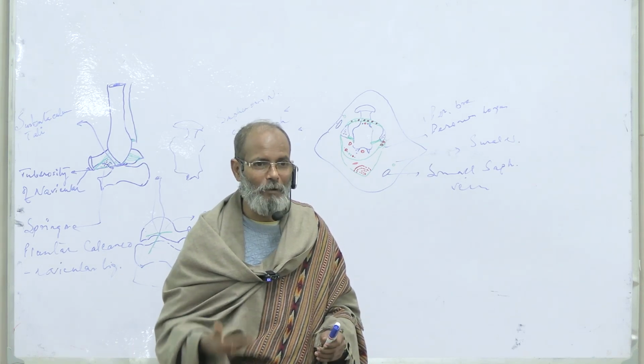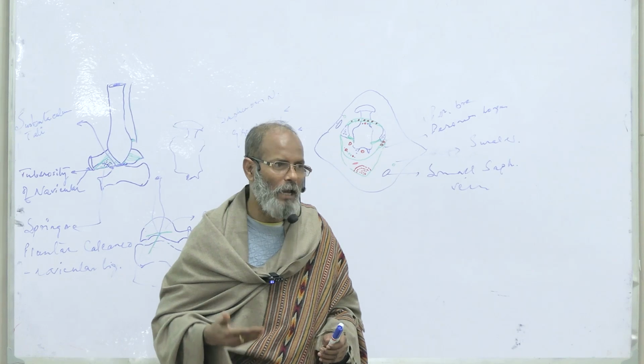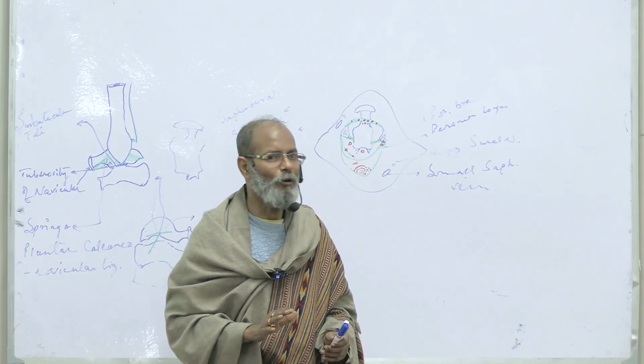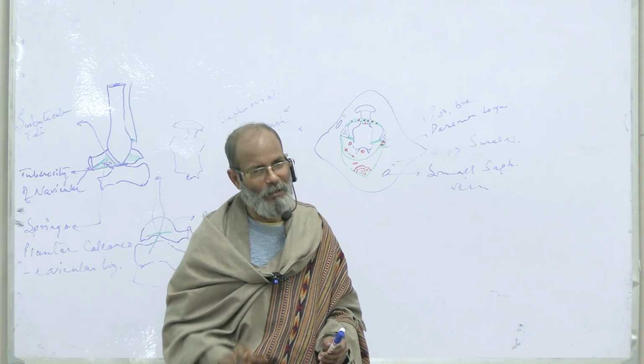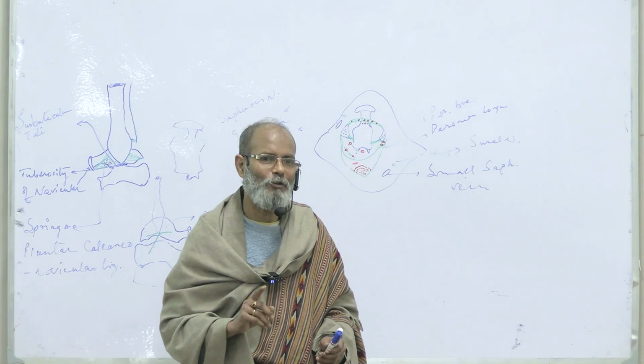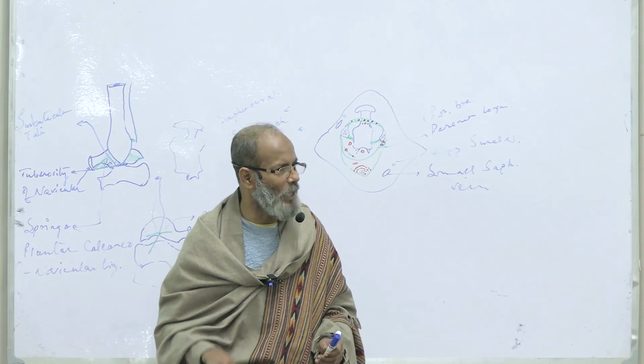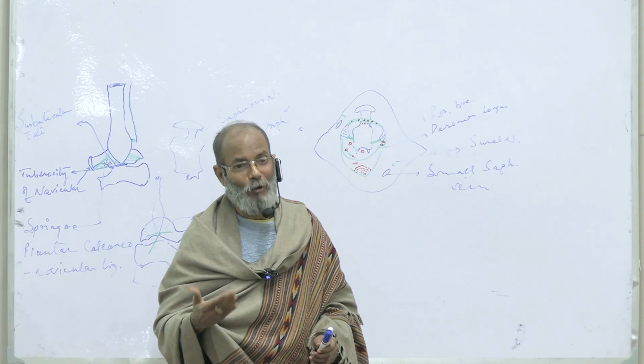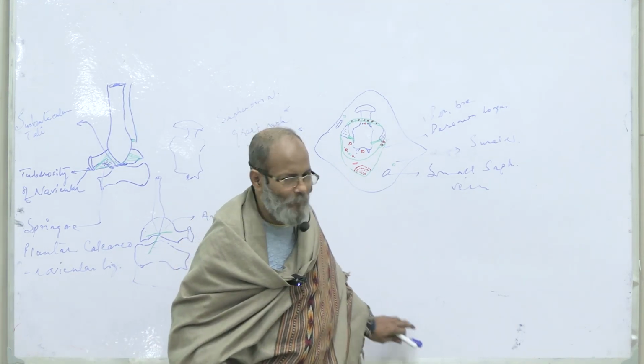Mortise view is the AP view of the ankle, where there is no extra load on the ankle joint. Remember the term. There is no extra load on the ankle joint. And this one is the dorsiflexion.